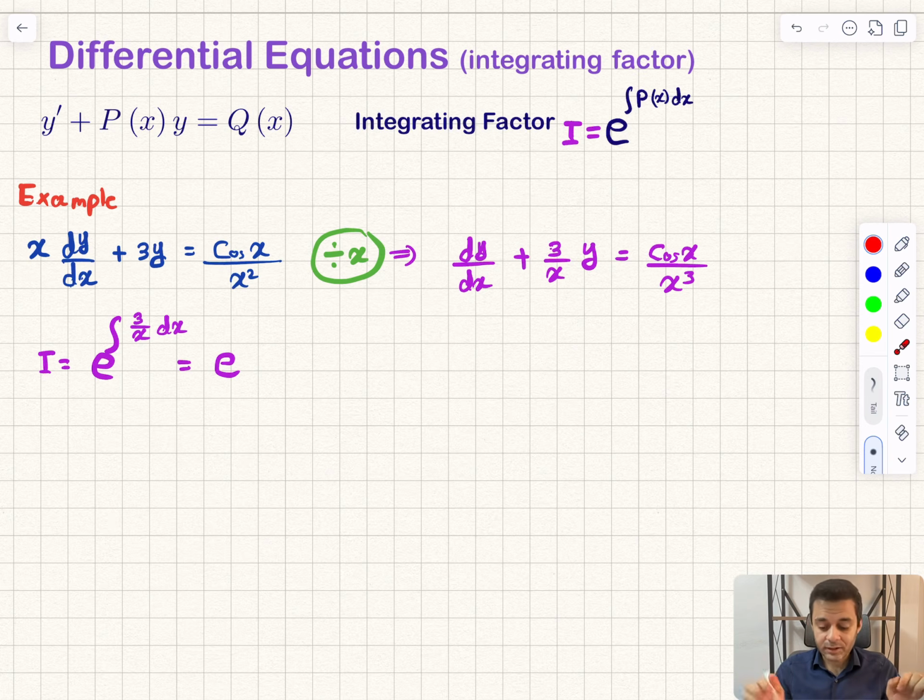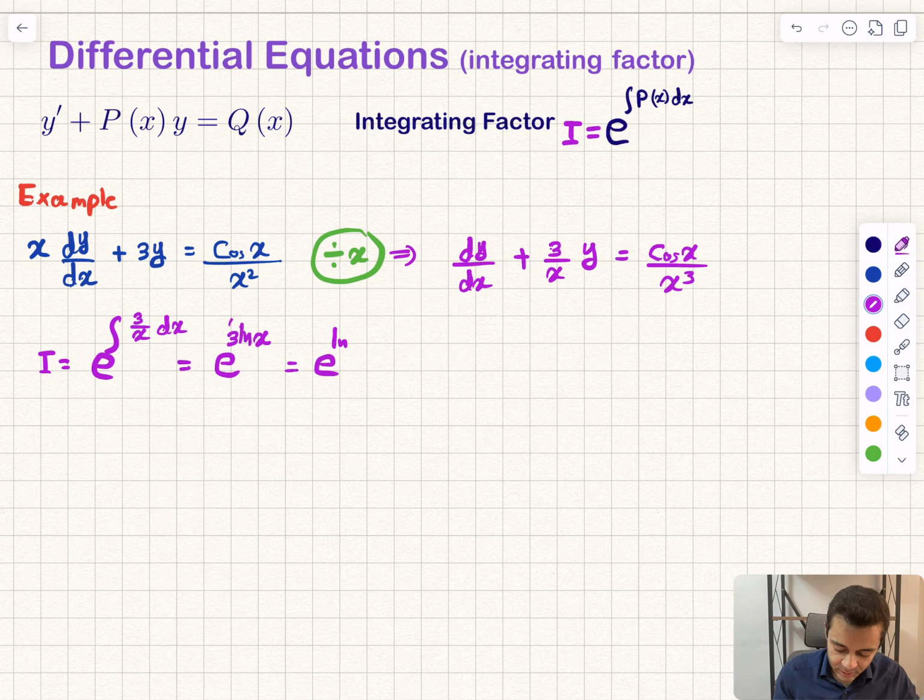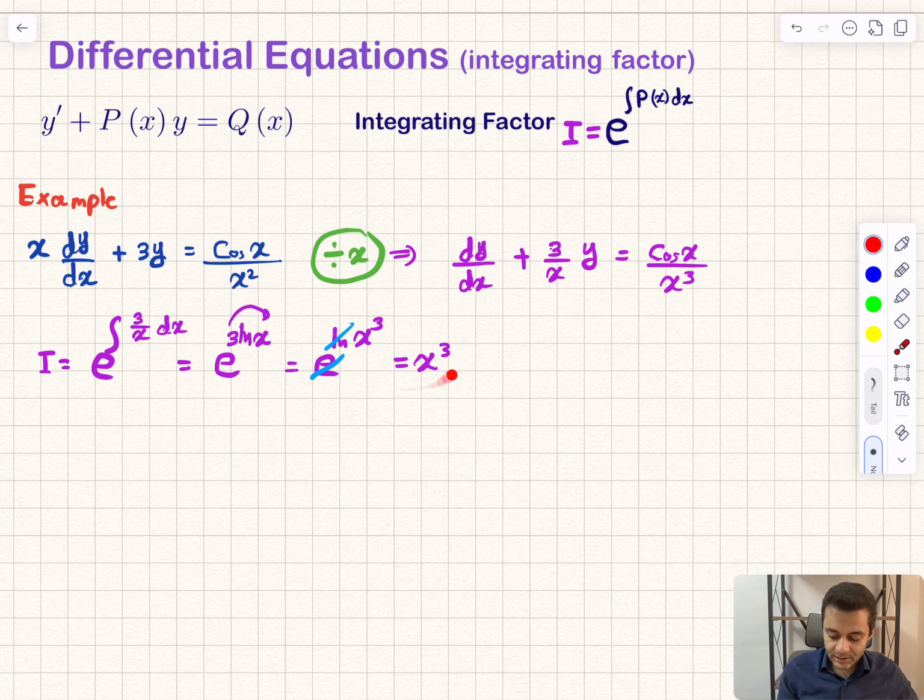So when you integrate 3 over x, it will become 3 ln x. And we know from the properties of logs, the 3 can go up on x, so it will be ln x cubed. Finally, e and ln cancel each other, so it will be x cubed. So this is the first step to find the integrating factor, which is x cubed.